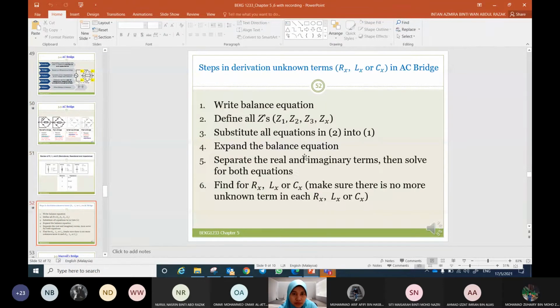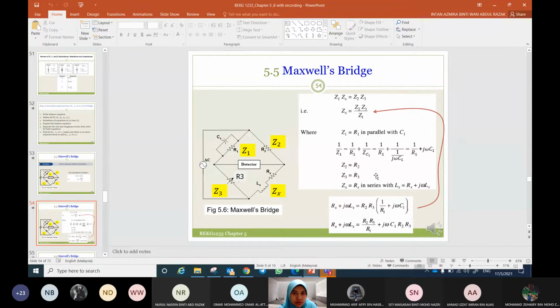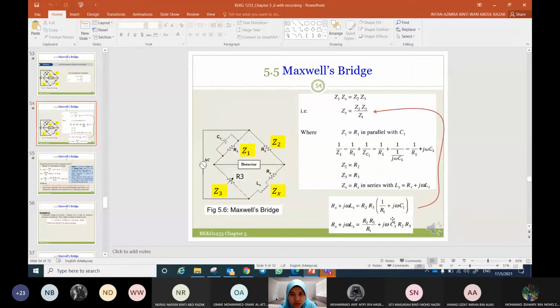Okay, so these are the steps in AC bridge. We have done Maxwell. Actually, if you look at the final formula, it is the derivation from the beginning.